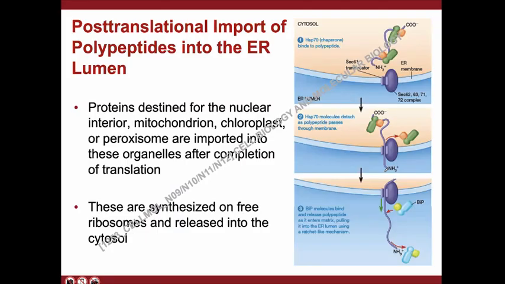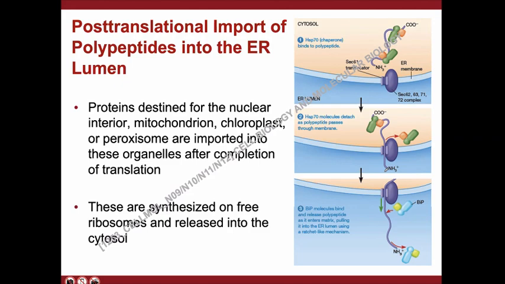So those that we have discussed earlier pertain to co-translational import. But as we have discussed, what about the proteins that are made for mitochondria, chloroplasts, peroxisomes, and the interior of your nucleus? This is managed by your post-translational import mechanism.